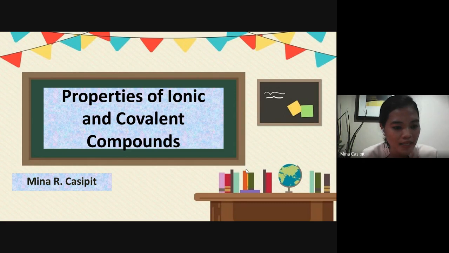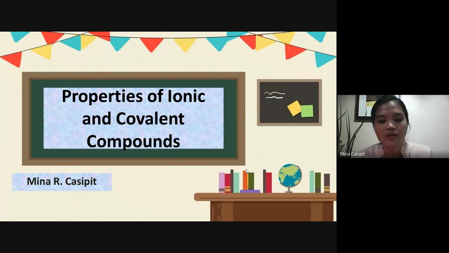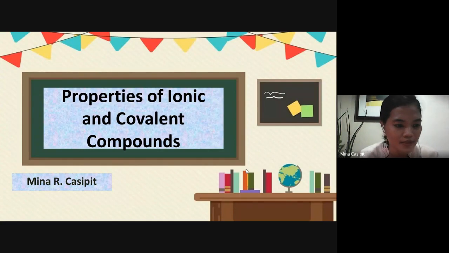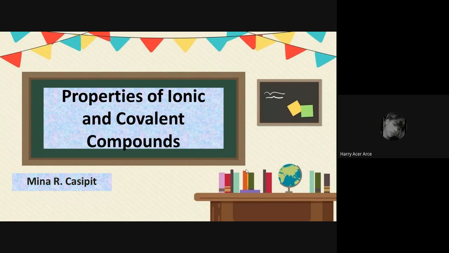You may click the raise hand button, or you may unmute your microphone if you have something to say. Okay, go ahead, Harry. Ma'am, yung ionic po is usually formed when a metal reacts with a non-metal. Tas yung covalent po is formed when two non-metals react with each other po.